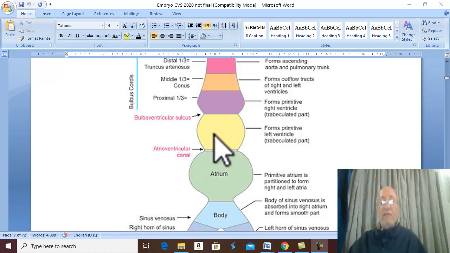Cranial to the ventricle is the chamber called bulbus cordis. The sulcus separating the ventricle from the bulbus cordis is called the bulboventricular sulcus. This is the formation of the 4 primitive heart chambers: sinus venosus, primitive atrium, primitive ventricle, bulbus cordis.